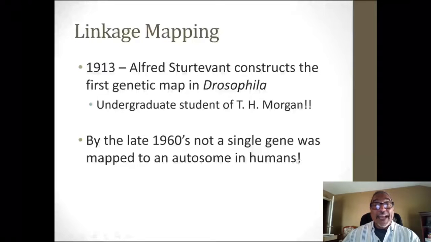However, by the late 1960s, not a single gene had been mapped to an autosome in humans. That is, we did know that there were forms of sex linkage in humans because we have human pedigrees and could identify a sex-linked mode of inheritance, but not a single gene was mapped to an autosome.